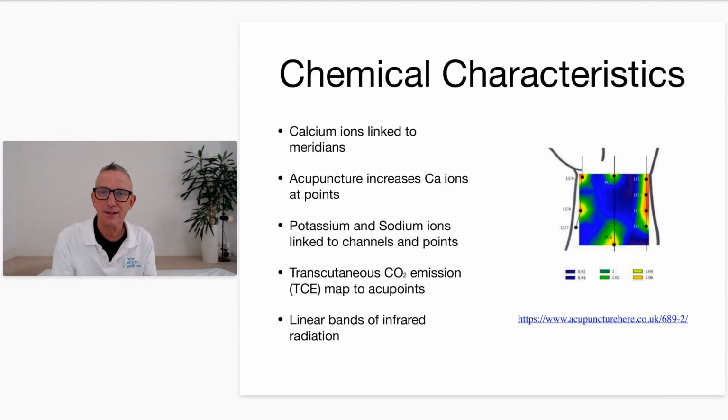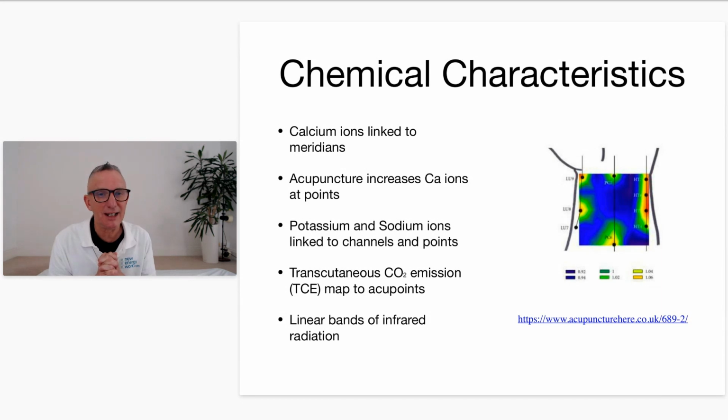The distribution of calcium ions is linked to the meridians, and they've measured an increase in calcium ions at the points stimulated by acupuncture. So some kind of chemical thing is going on there. There's also been research linking potassium and sodium ions, really important minerals in the body, to channels and points as well.